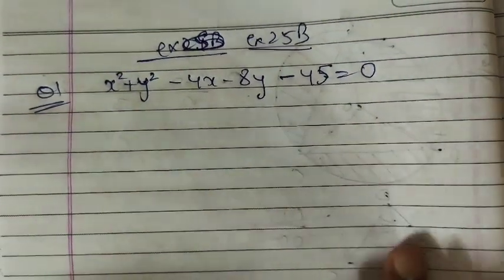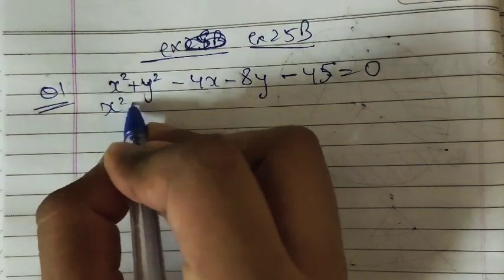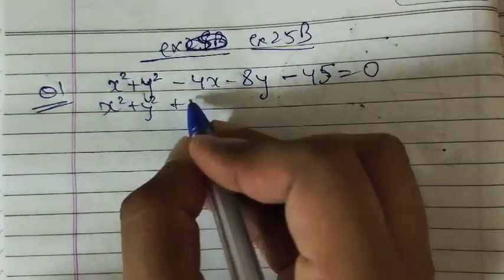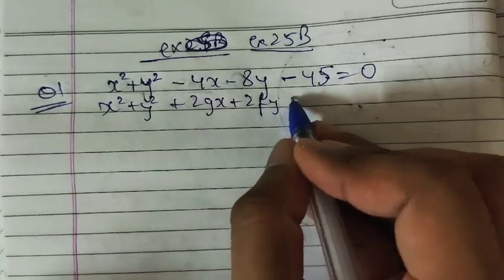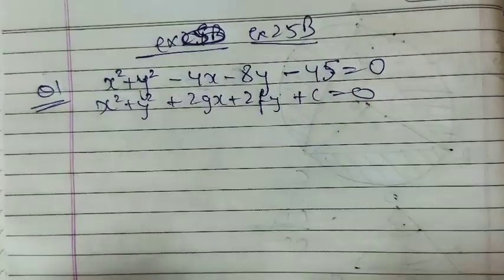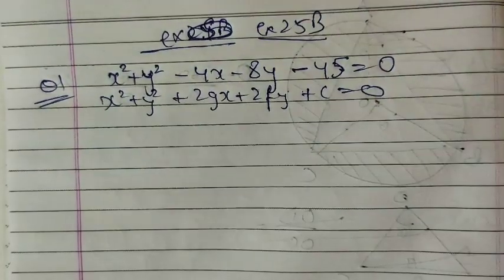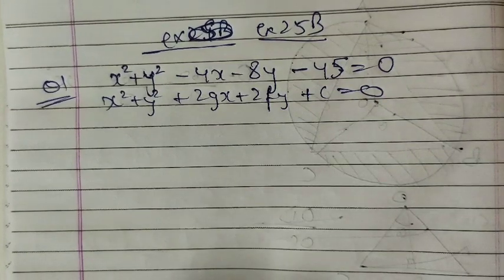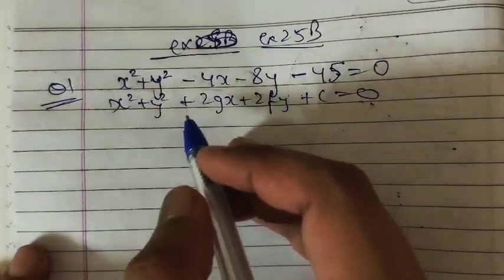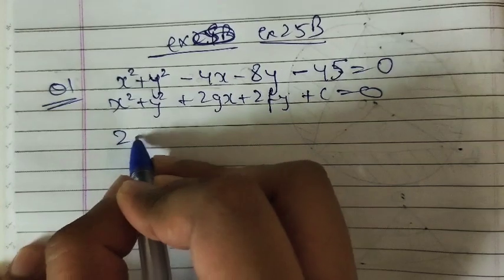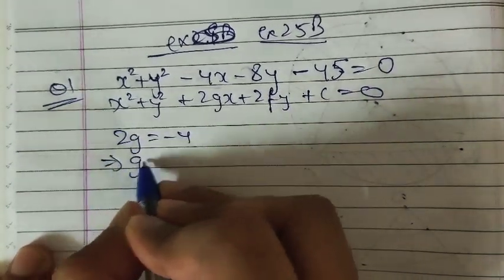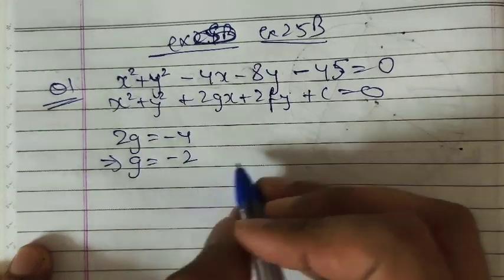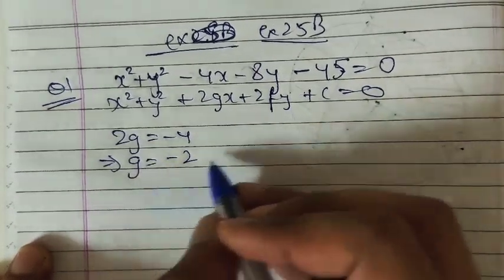Now we know that the general equation of a circle is x square plus y square plus 2gx plus 2fy plus c is equal to 0, right? So if we compare the values, 2g is equal to minus 4, this implies g is equal to minus 2.